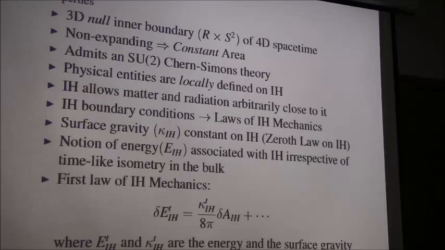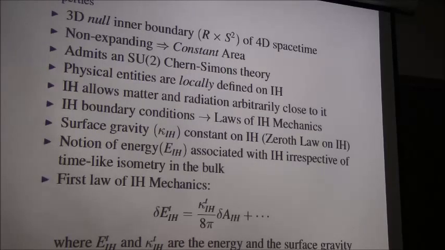And it has an SU(2) gauge invariance. The difference from the general event horizon case is that all the quantities are defined locally on this isolated horizon, whereas the event horizon is a very global description. Unlike the event horizon, in the case of an isolated horizon, matter and radiation can exist arbitrarily close to it, but it cannot cross the horizon.